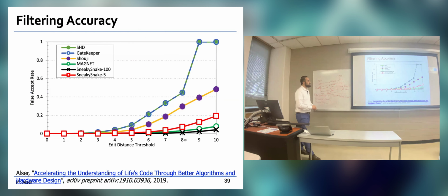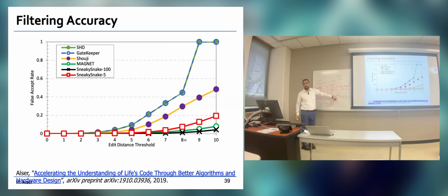Now this is the accuracy. This is the edit distance threshold, which is uppercase E, not smaller case e. So this is a threshold, not the edit distance value. So if you set the threshold from 0 to 10, like you sweep the value, then the false accept rate, which is something we want to be minimal.